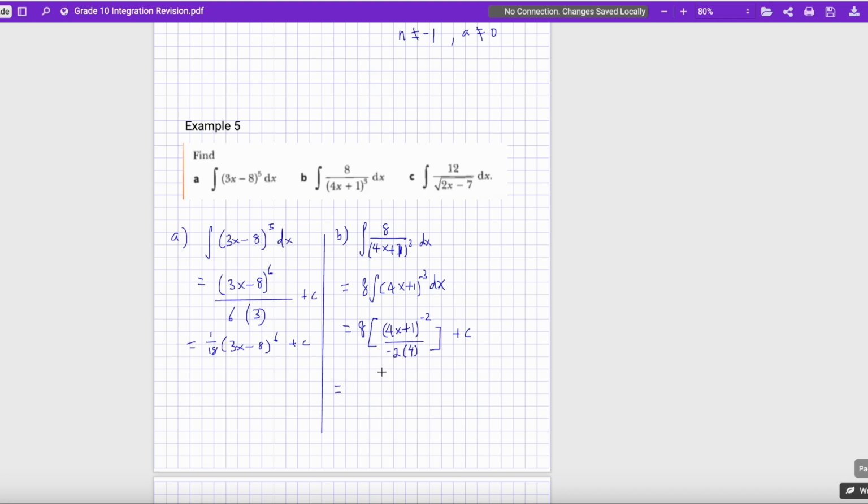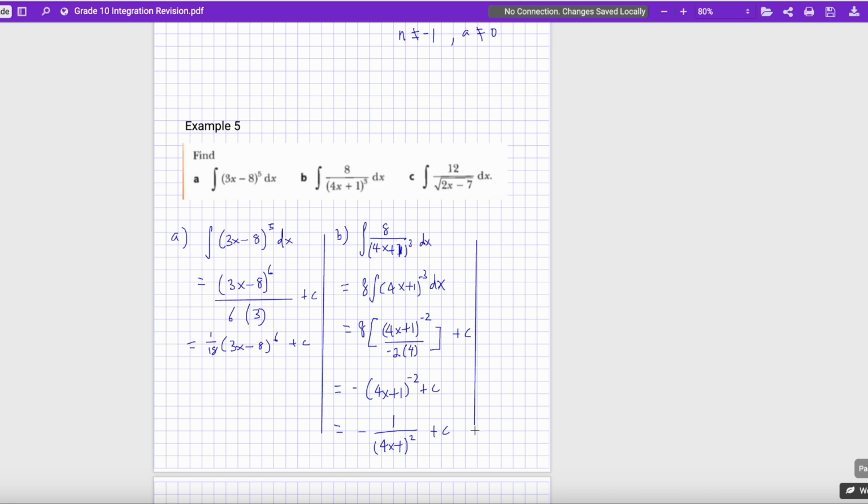So overall, the 8 at the bottom will cancel out, so minus (4x + 1)^(-2) plus c. Or some of you may want to write it as minus 1 over (4x + 1) squared plus c. Either way it's fine. Let me know if you got this answer.